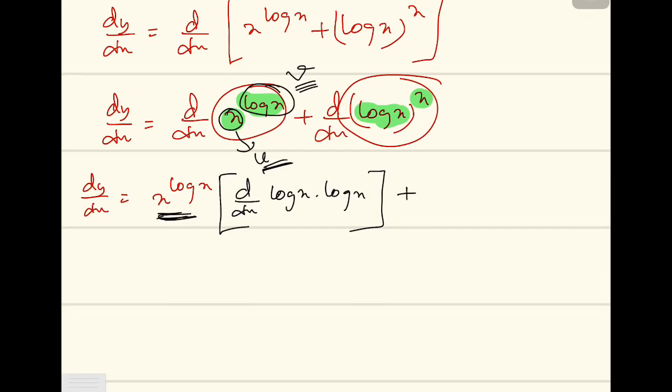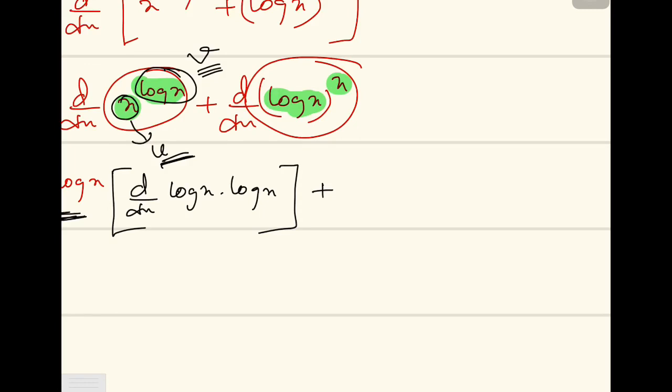Plus the second one. This acts as u and this acts as v. Correct? So how to do? Log x to the power x, that is u to the power v, into d/dx of v log u. What's the formula?